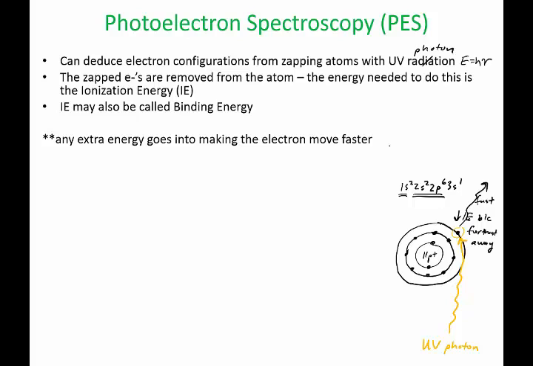Okay, and if you remember our quantum mechanical model, the little paper that we had in class, this is the 1s, and this arrow here represents energy. The 2s is right here, and then the 2p is here.